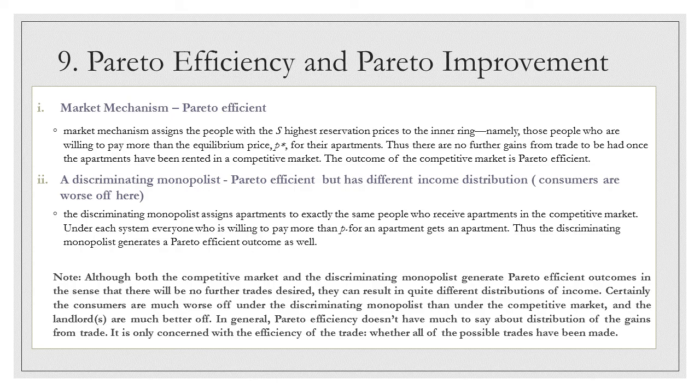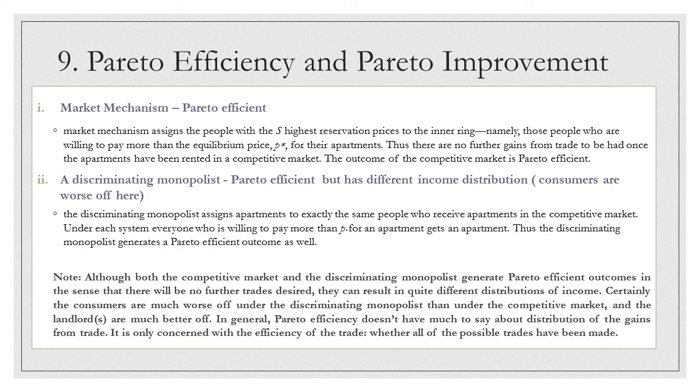Next is the discriminating monopolist case. The case of the discriminating monopolist is Pareto efficient, but there is a difference between the market mechanism's Pareto efficient allocation and the kind of Pareto efficient allocation we are witnessing here. Let us understand how.